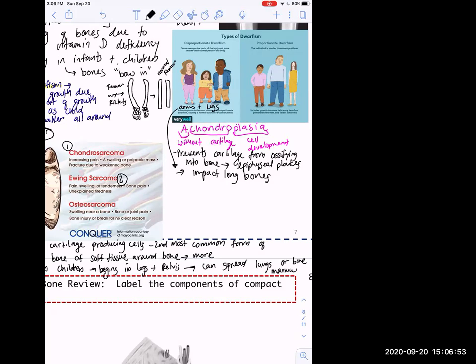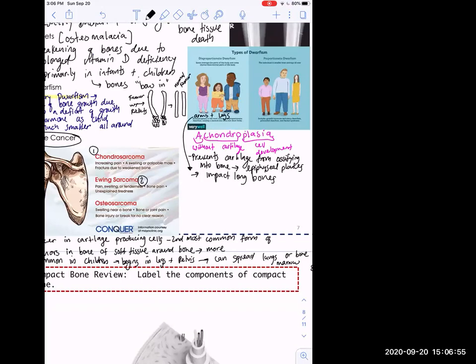Okay, that's Ewing sarcoma. The last type of bone cancer is called osteosarcoma. This is the most common type.